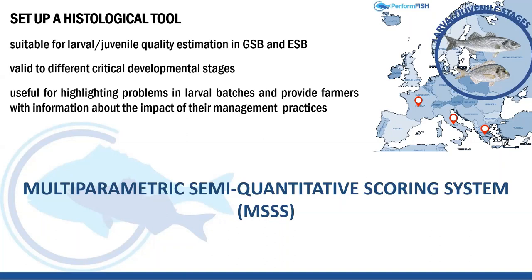Nearly 3,000 larvae and juveniles of gilthead sea bream and sea bass from 3 major European hatcheries were observed for scoring. And now let's look at them in detail.